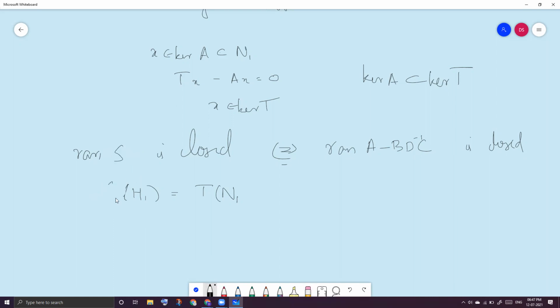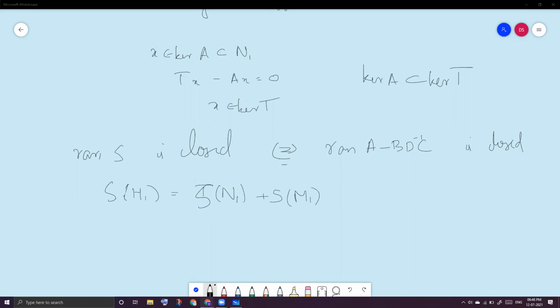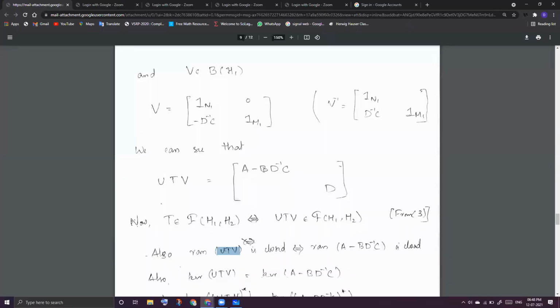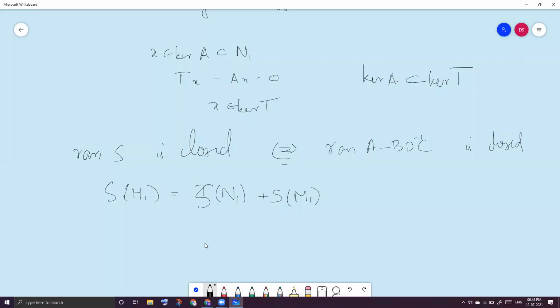Yeah. This is S of N1 plus S of M1, because as we saw, it is of the form of some diagonal matrix. So it takes N1 to N2 and M1 to M2. And S of N1, we saw, is A minus B D inverse C of N1.